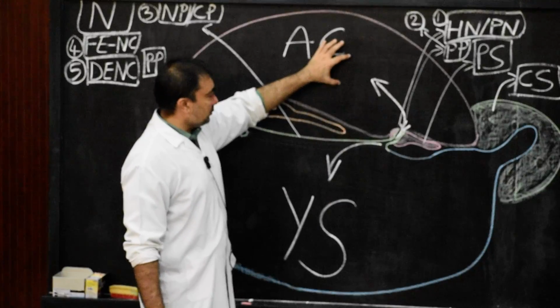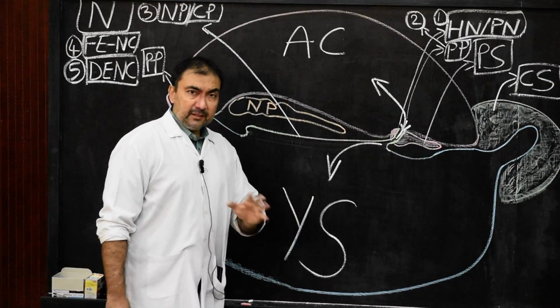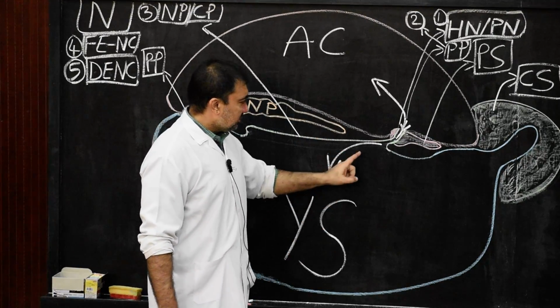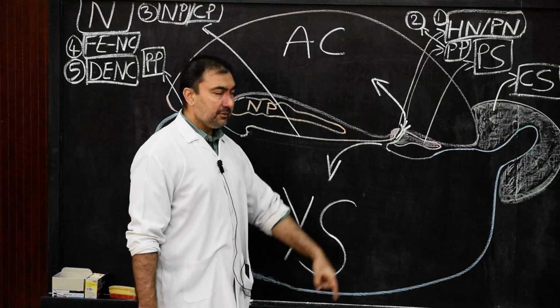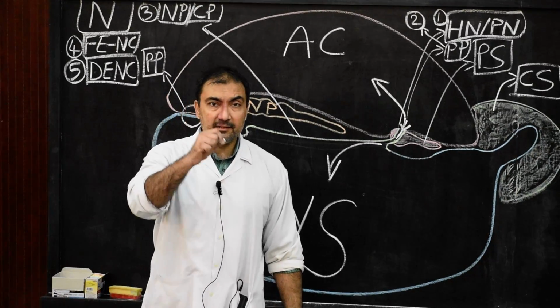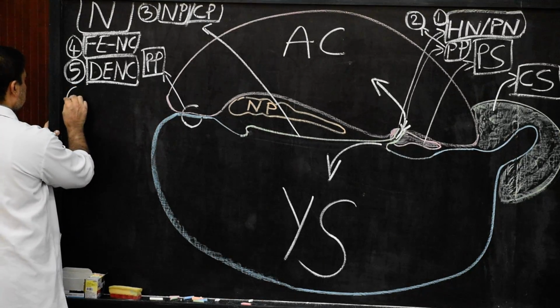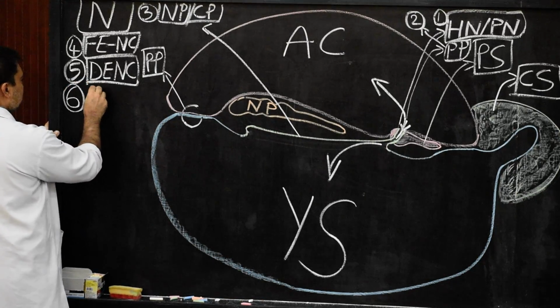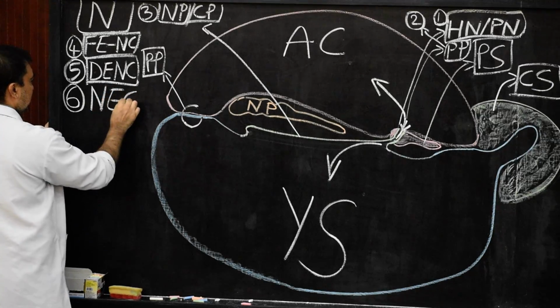Since amniotic cavity is superiorly and yolk sac is inferiorly, therefore at this stage, through neurenteric canal, the entire yolk sac will communicate with amniotic cavity, a very interesting stage. Through which canal? Neurenteric canal. So here I am going to write down in stage 6. At this stage, there is development of neurenteric canal.